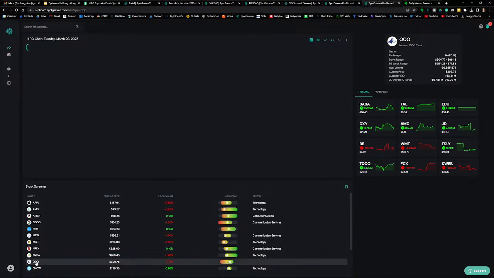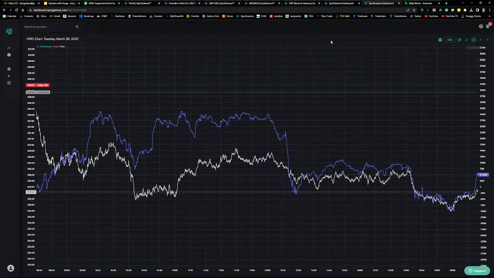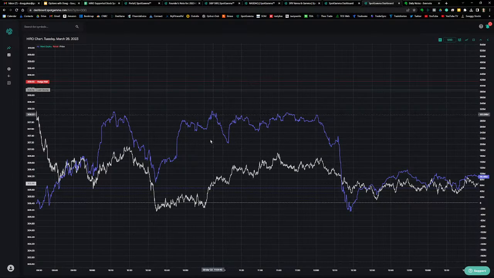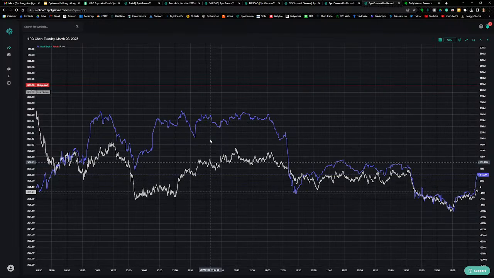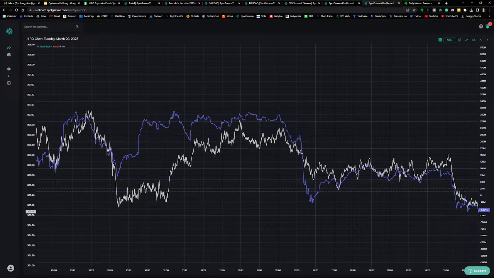For QQQ. All right, so this was confirmation short. Then I took this as a divergence long. That's how I interpreted this.